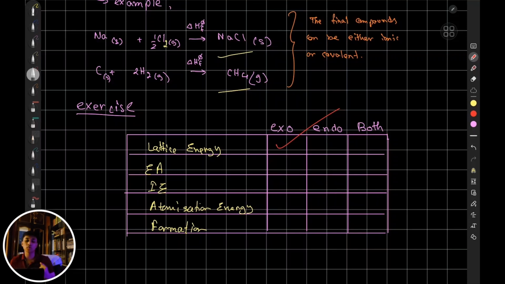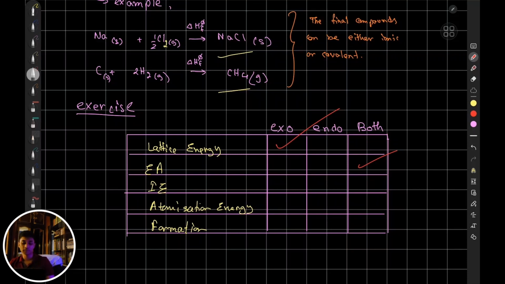So in that case, you have to give energy to form that bond. If there is repulsion, it becomes an endothermic process because you have to overcome that repulsion. Which is why electron affinity can be both exo or endo. So we're going to give both.